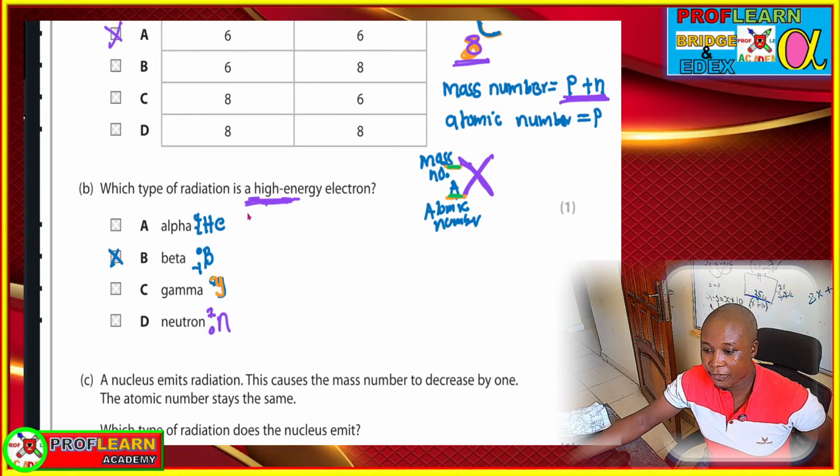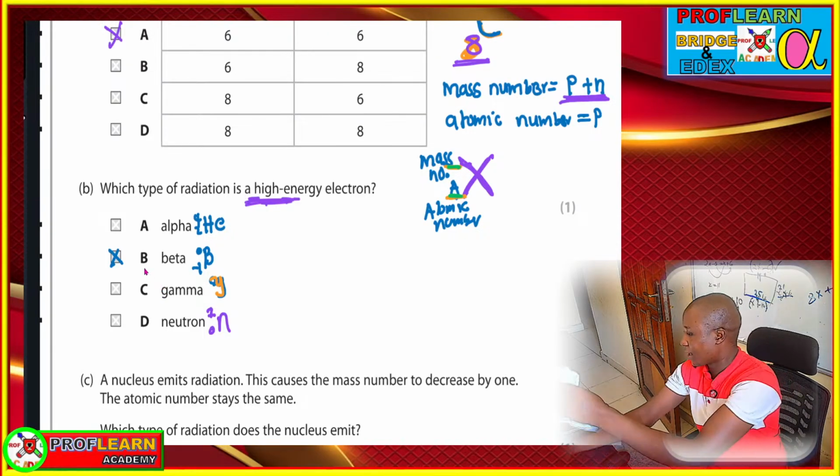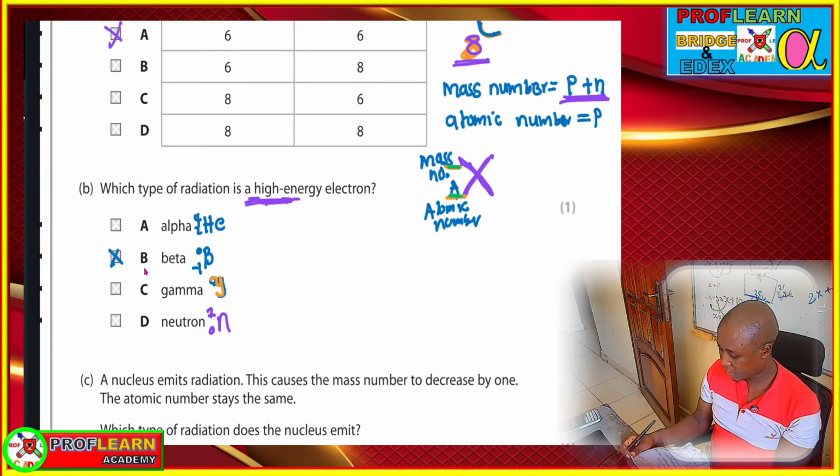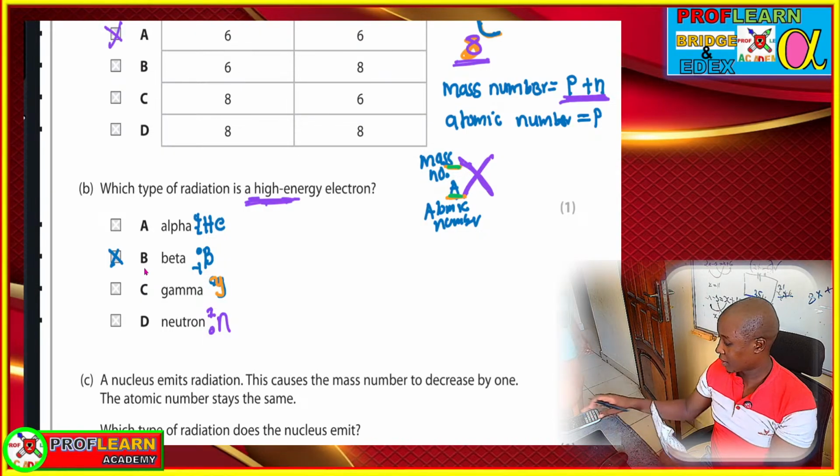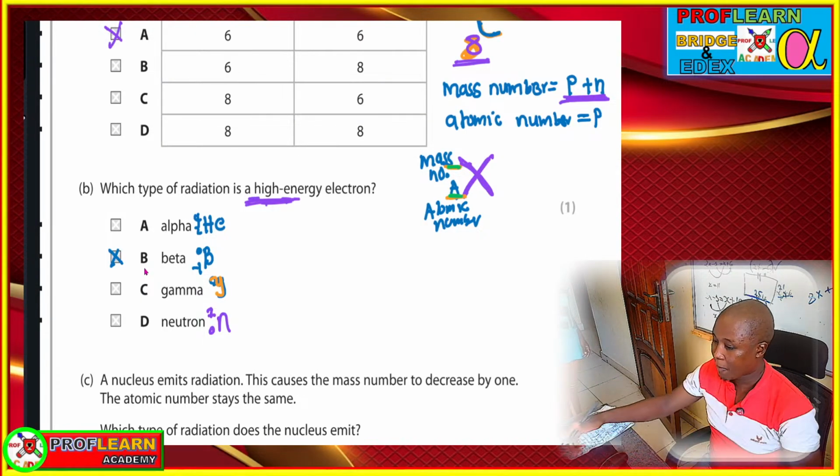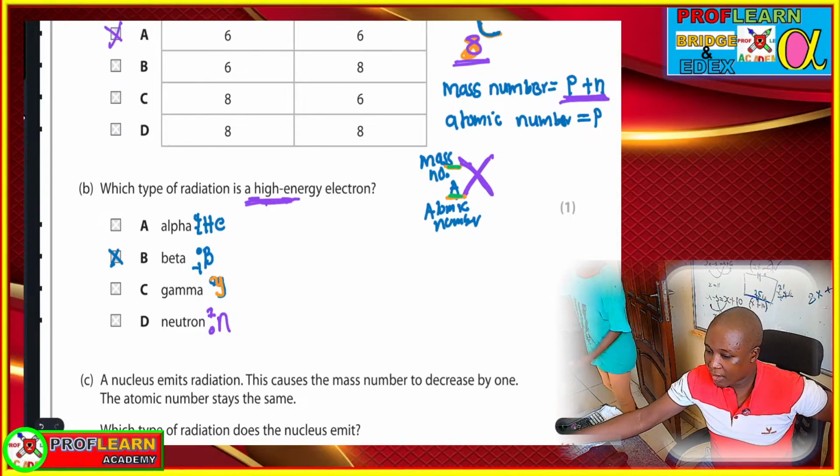Beta are fast moving electrons. Helium represents alpha, and those that are electromagnetic waves are usually gamma radiations.